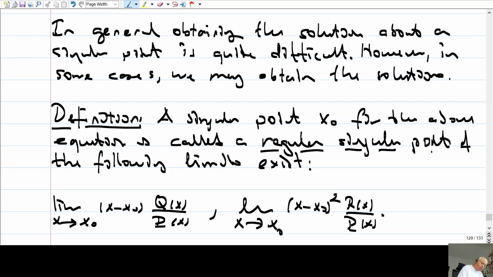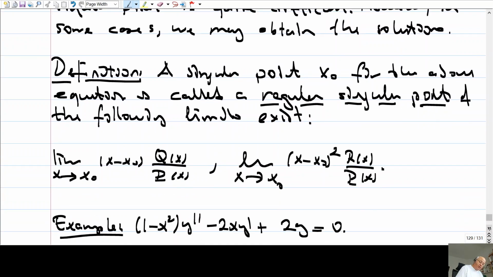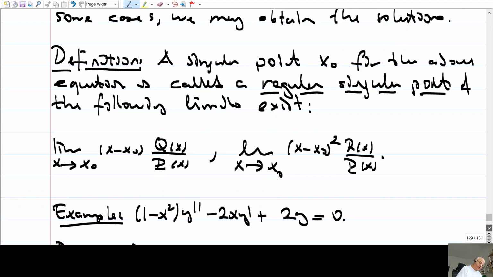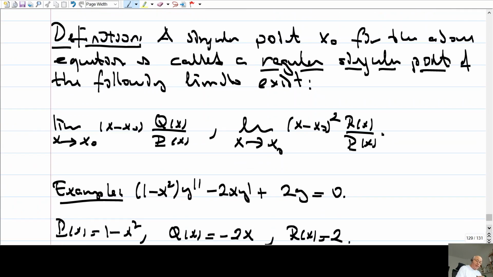Okay, regular singular point. Around the regular singular point, life is kind of easy compared to an arbitrary singularity. And what's a regular singular point? A regular singular point x0 is a point where p(x) is 0, but these two limits, (x minus x0) times q over p and (x minus x0) squared r over p, both exist.